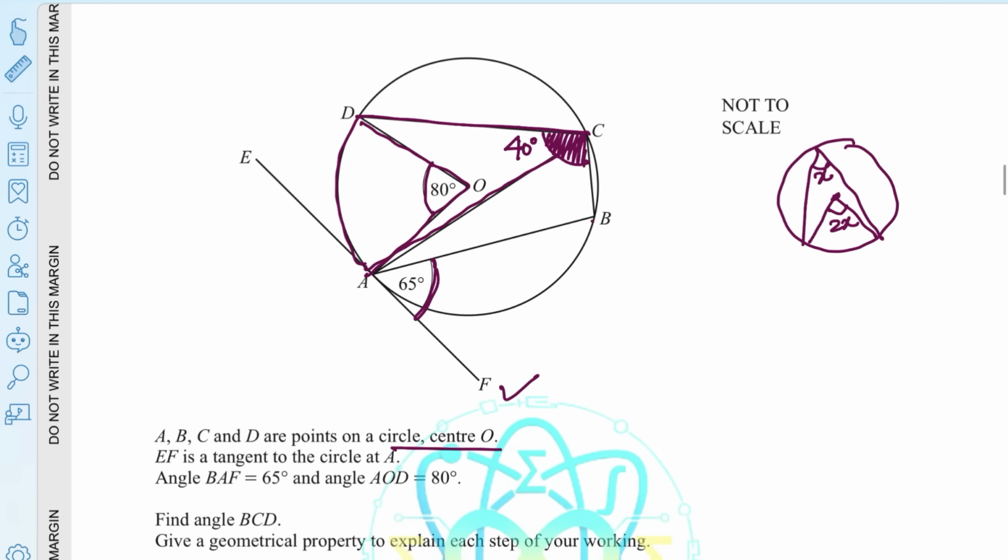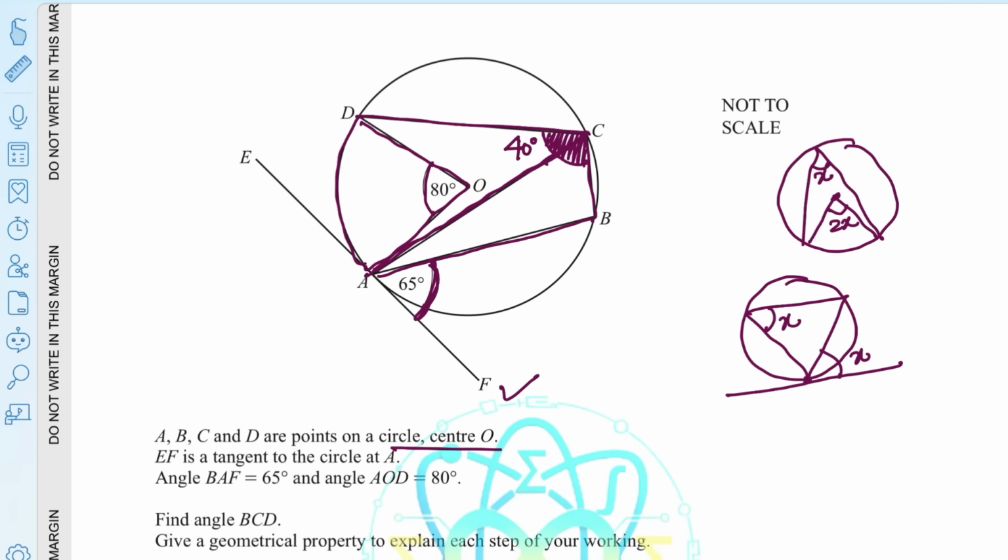Now if you remember, if this is a circle and these are the chords, and this is a tangent, this angle is x, and this angle is also x. Why? This is called the alternate segment theorem. So if this is 65 degrees, talking about this triangle, this angle is also 65 degrees, because of the alternate segment theorem.